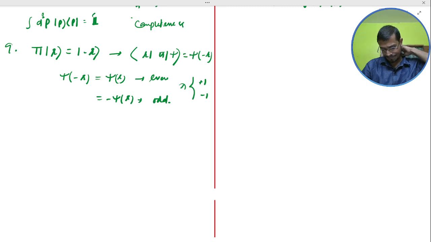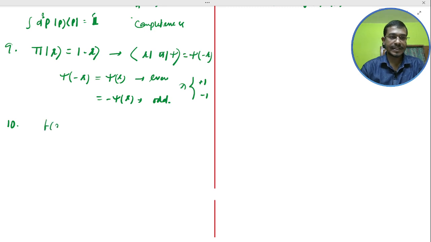Okay. Next one, number 10. Any function f(x) can be expressed in terms of ψ(x).